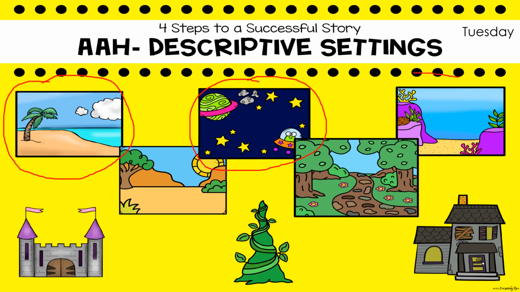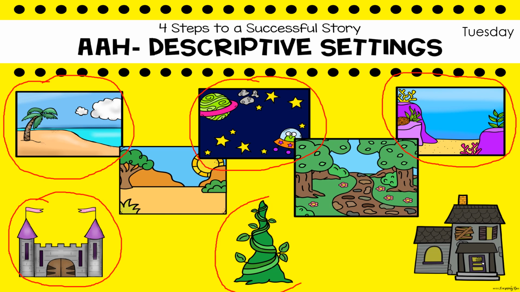We've got an under the sea setting. That kind of reminds me of a fairy tale like The Little Mermaid, things that happen under the sea. We might have a beautiful fairy tale castle. Maybe a king and a queen live there, or a princess. We might also have a beanstalk.